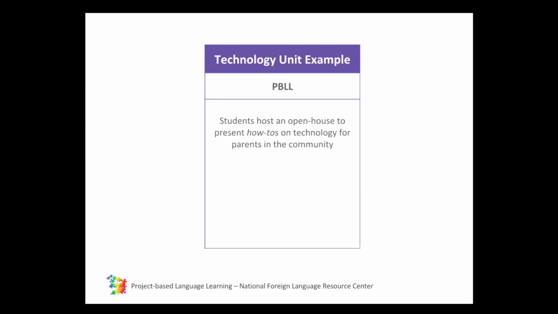So the teacher had some constraints, they had to follow the book, but they developed the unit into a project. So the project idea is on technology for parents in the community. Let's use the square to see how this project was designed and how it promoted authentic problems that serve a real purpose for a real audience.